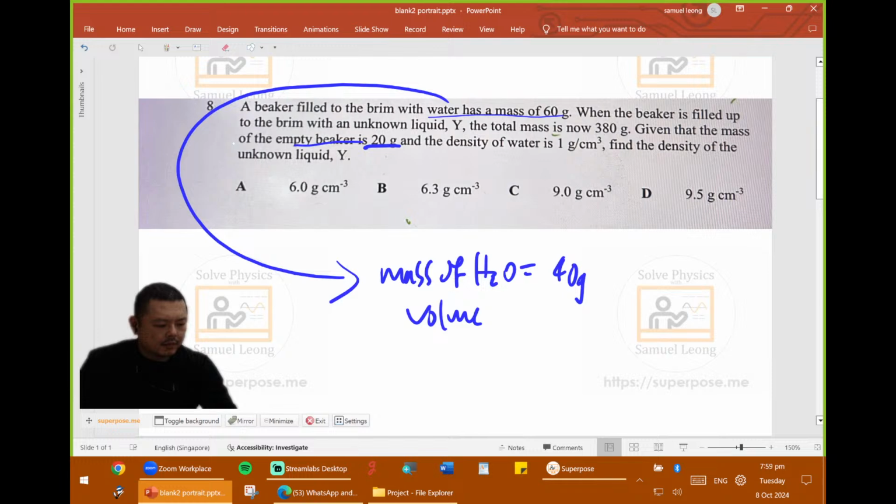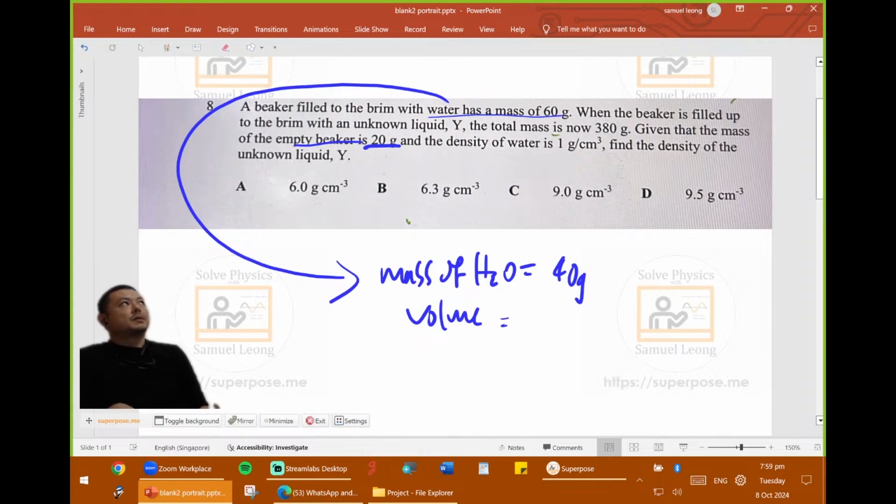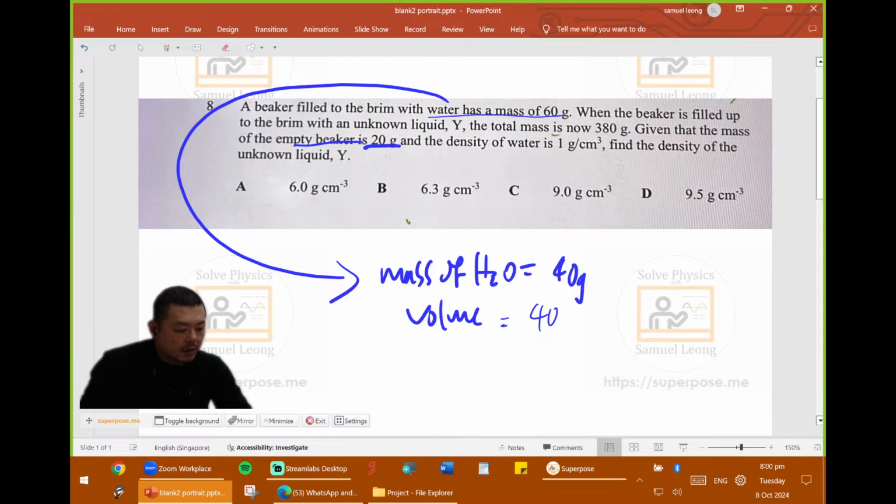Density equals mass over volume, so volume is mass over density. So what's the volume? 40 cm cube. So that will be the volume.